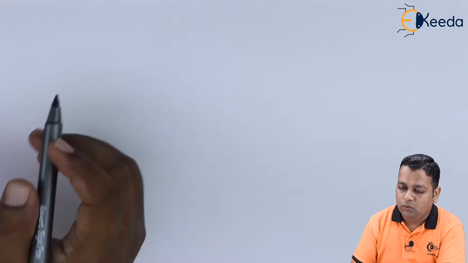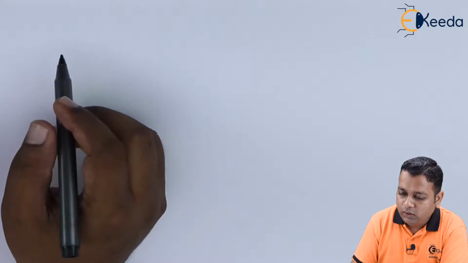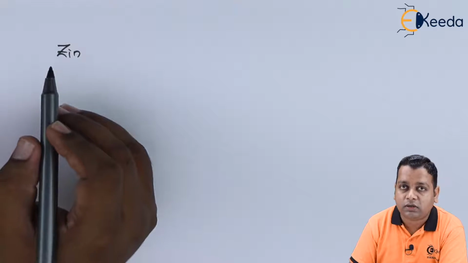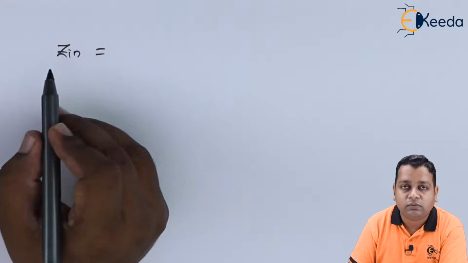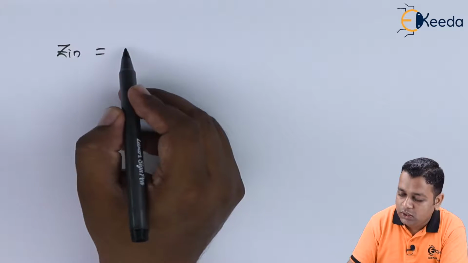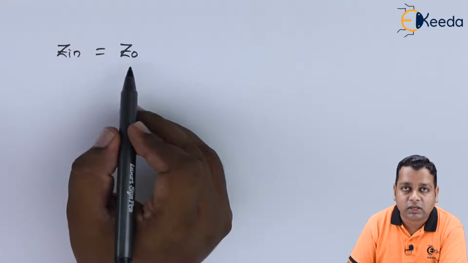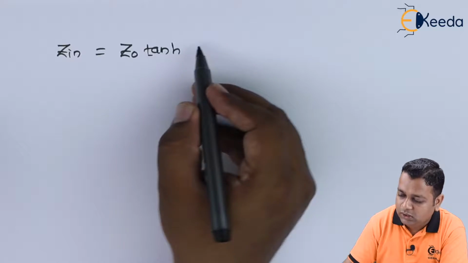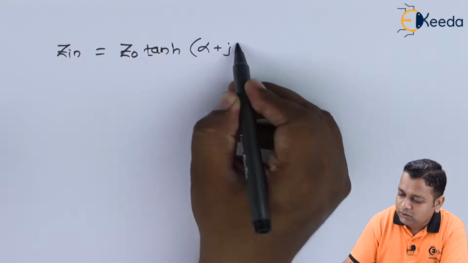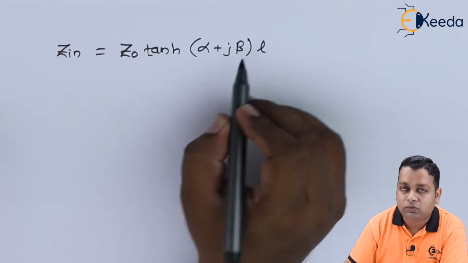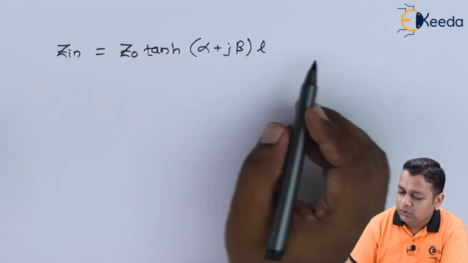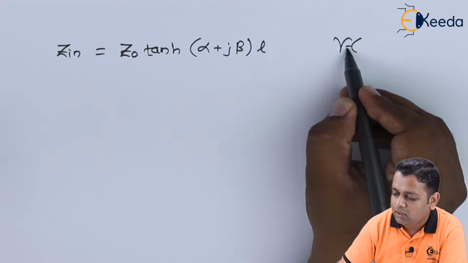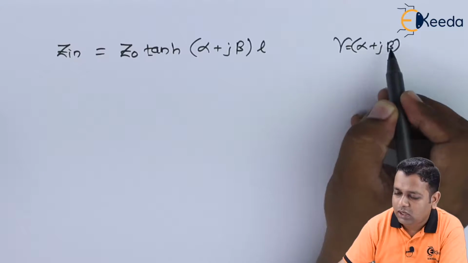Now, the input impedance marked on the schematic diagram for the transmission line can be computed from the formulation Zin equal to the characteristic impedance Z0 multiplied by the hyperbolic tangent function over gamma L, where gamma is equal to alpha plus j times beta.